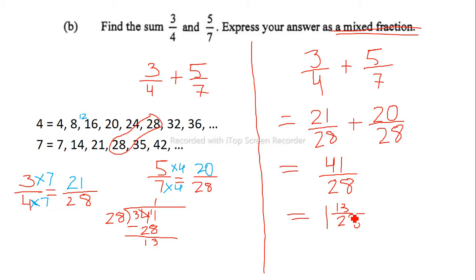Can we simplify that further? No, sir, because 13 is prime. Alright, so that's going to be 1 and 13 over 28. Okay, so that'll be the correct answer here.